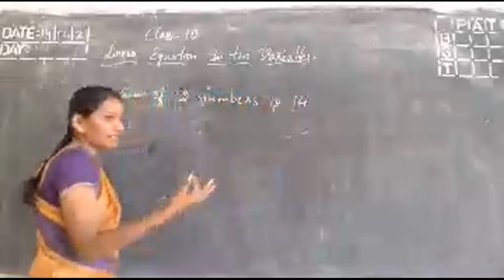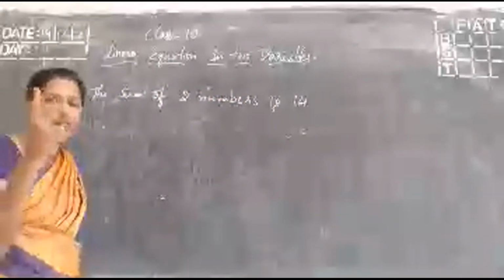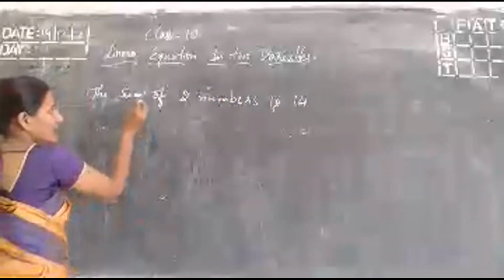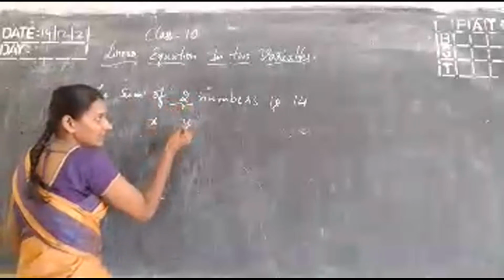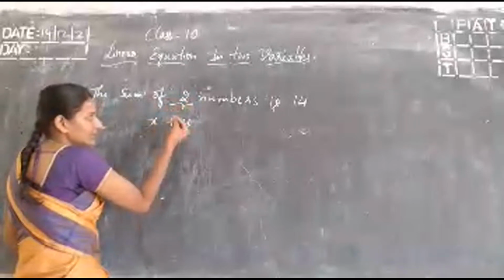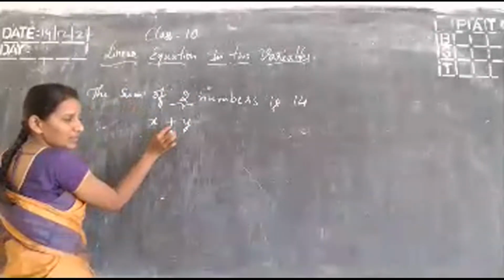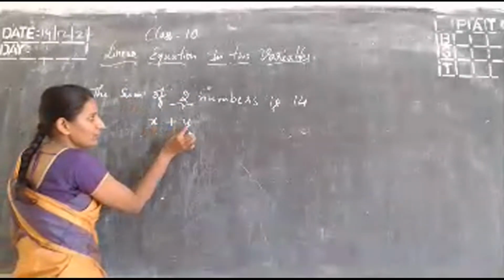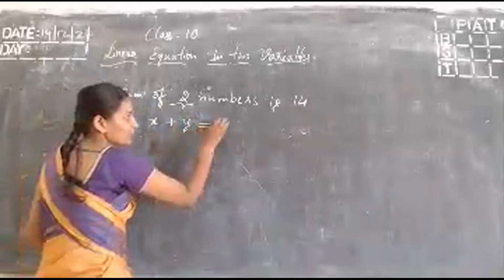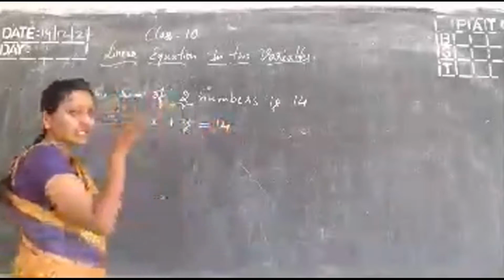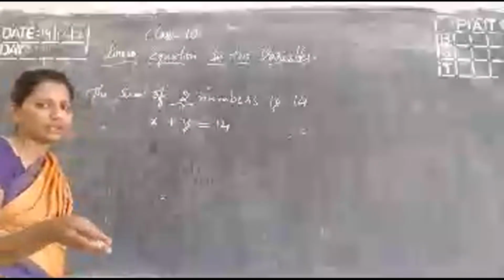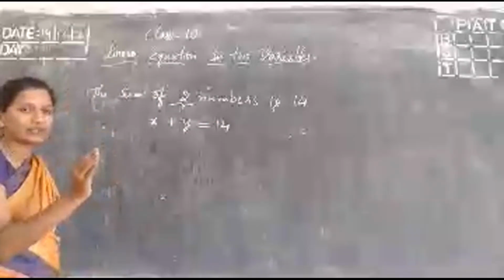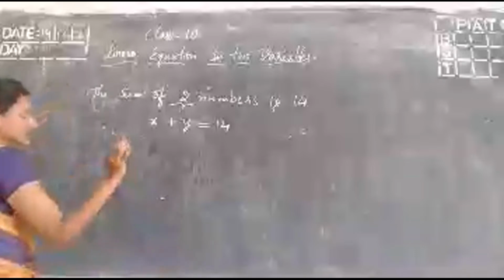How can I write this? We have to take two variables because they have given two numbers. What are the numbers? Say x and y. They have given the sum. Sum means addition. The sum of two numbers is how much? 14. This is how we write a linear equation in two variables.